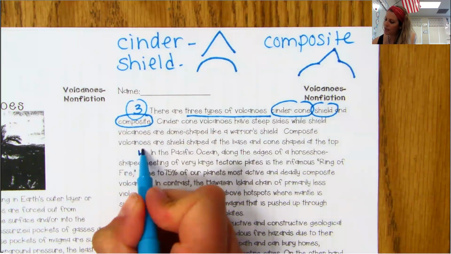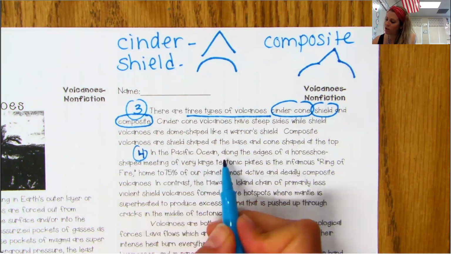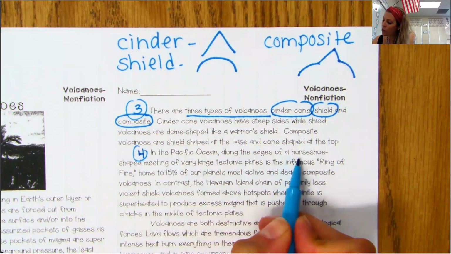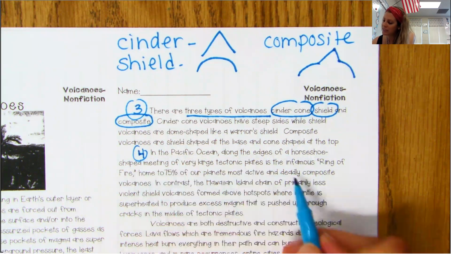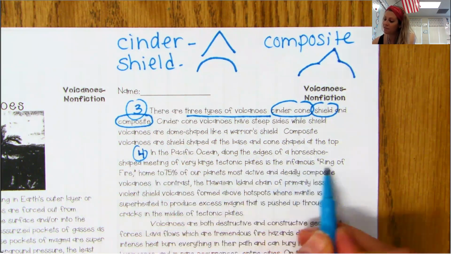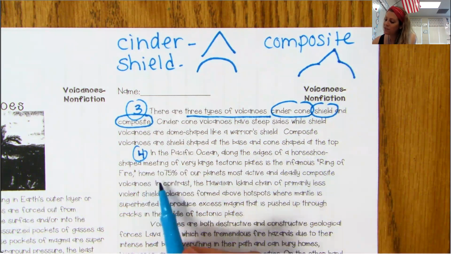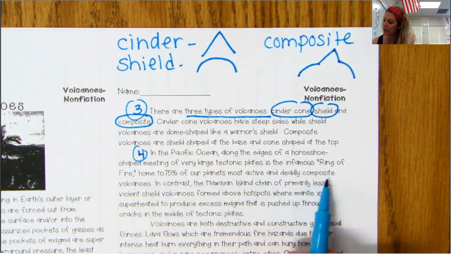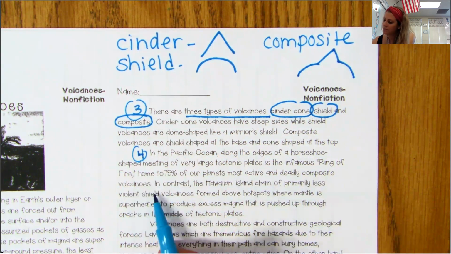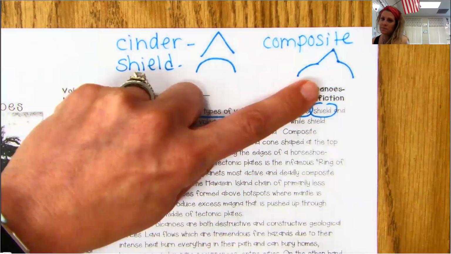Paragraph 4. In the Pacific Ocean along the edge of a horseshoe-shaped meeting of very large tectonic plates is the infamous Ring of Fire, home to 75% of our planet's most active and deadly composite volcanoes. So these ones.